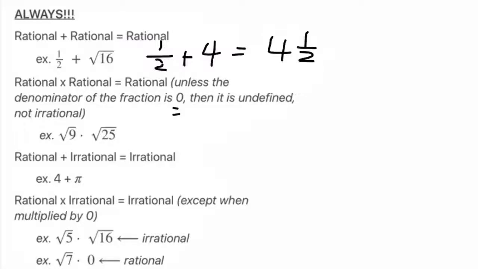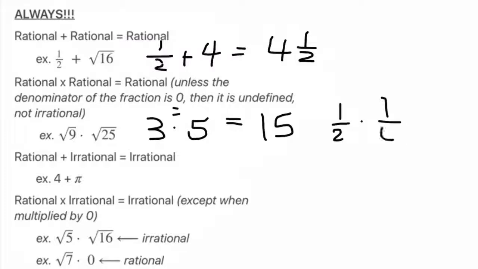In this example, we have the square root of 9, which is 3, times the square root of 25, which is 5, which gives us 15. 15 is a whole number, and 15 is rational. Same thing if you had a fraction. Say you had 1/2 times 1/4.